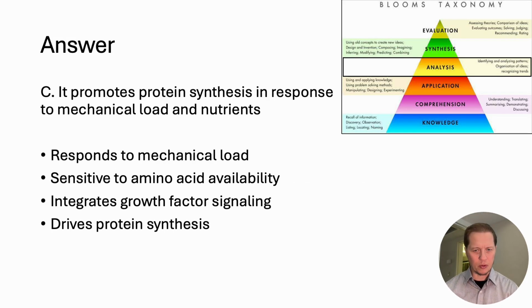And this one, C, promotes protein synthesis in response to mechanical load and nutrient intake. Hypertrophy requires building new contractile protein. So mTOR1 sits right at that intersection of the mechanical tension, the nutrient input, and hormone signaling, making it the prime, or I guess ideal, regulator of muscle growth in response to resistance training.